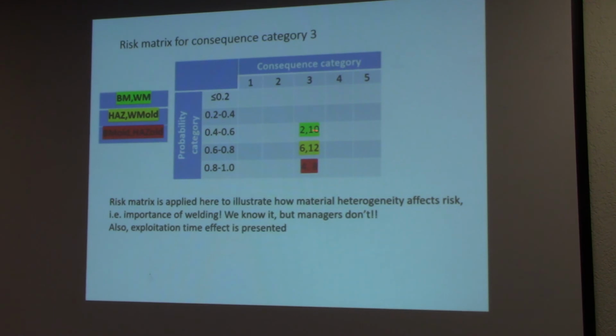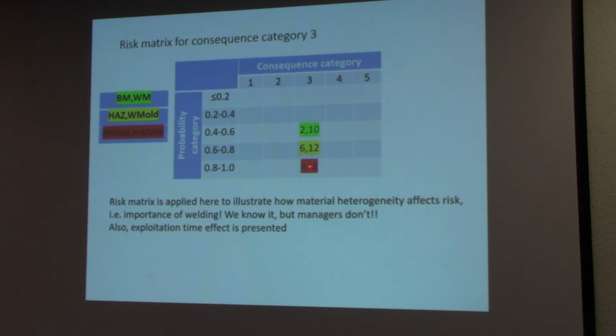Somewhere here we have a quite safe situation, but then again, once we go to the exploited old material, we increase the risk to the yellow and then to the red region.